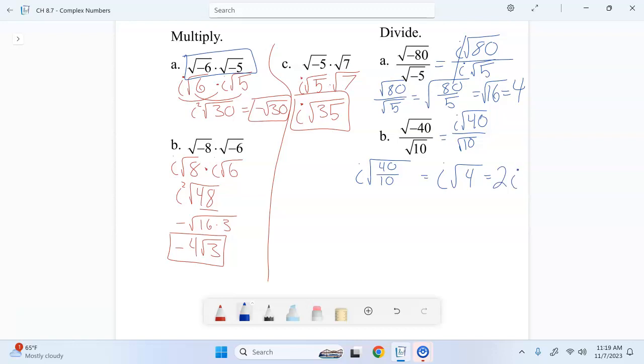Yep. So turn them into terms of i first, then go ahead and simplify your radicals.